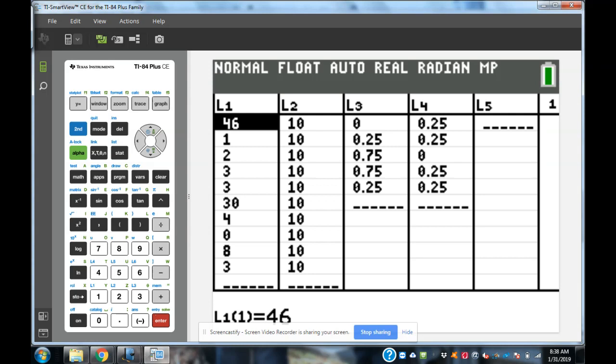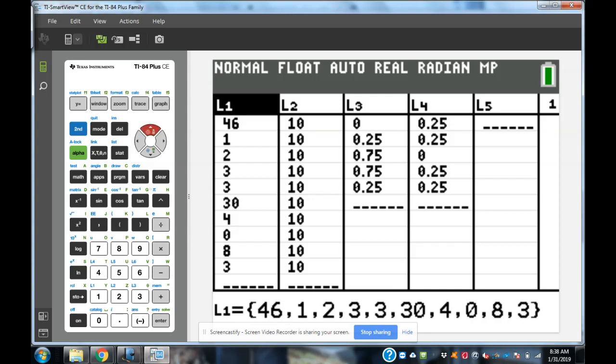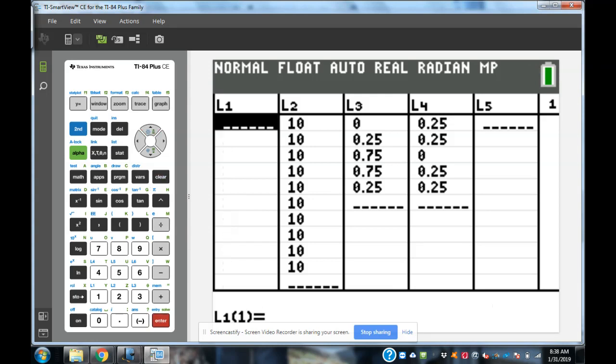All right, now hit stat, and then we're going to select edit. I've got a bunch of stuff in here from statistics last fall, so I'm going to delete those things. Yours, especially if you rented one, may have some stuff in it too. To delete things that are in a list, press the up arrow until that list name is highlighted. So list 1, I want to get rid of all this stuff because I've got X values to put in there. So I'm going to hit clear and enter, and it'll empty that list.